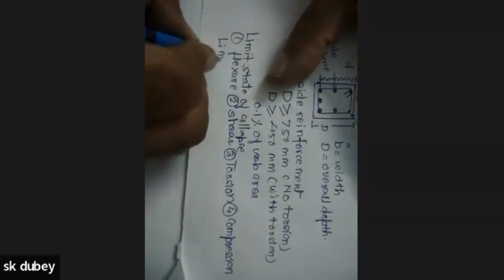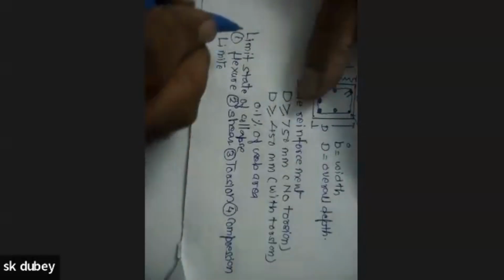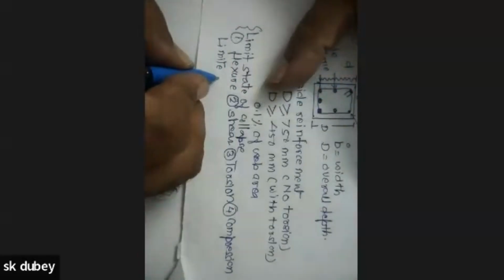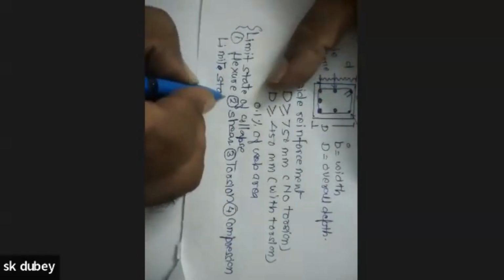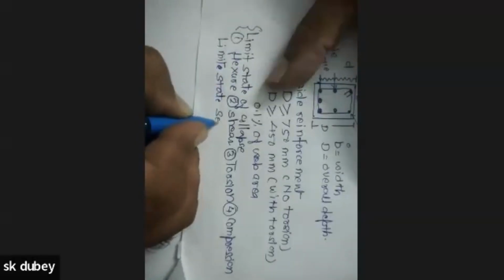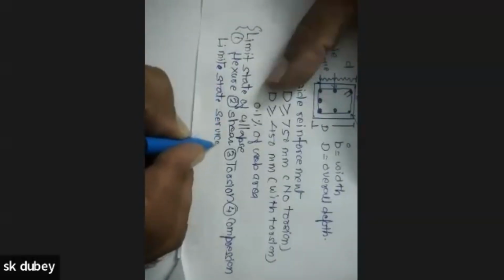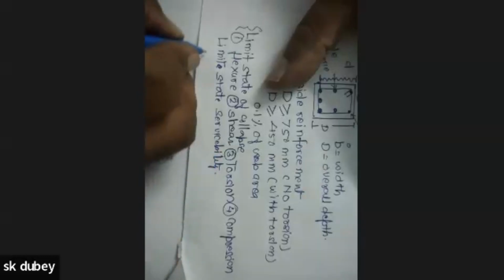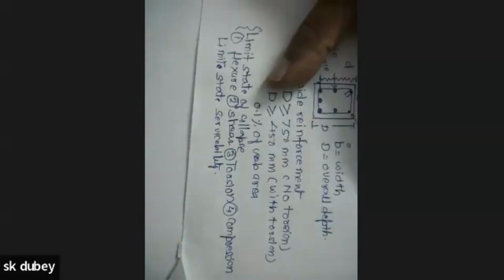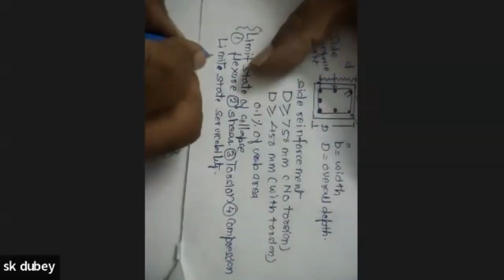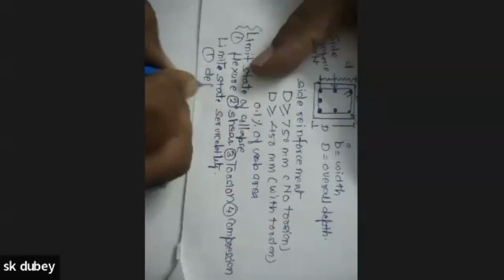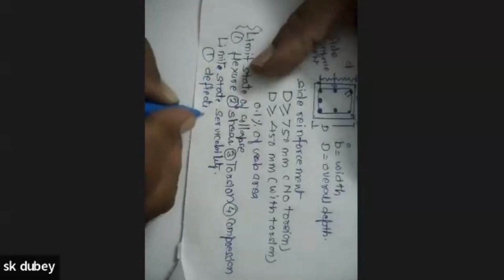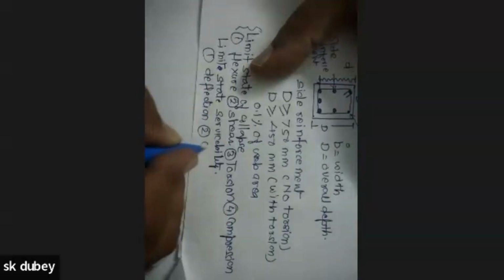And some limit states of serviceability. The limit state of collapse has been used for design purpose. The limit state of serviceability has 2 which are used for checking purpose, and these are for deflection and cracking.